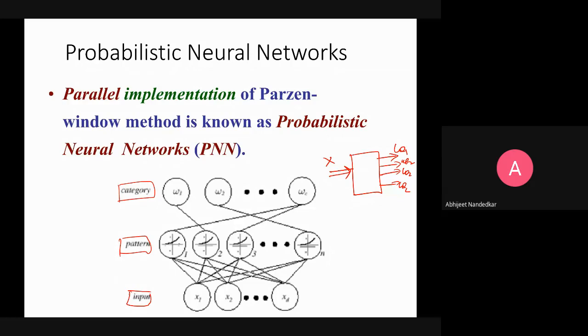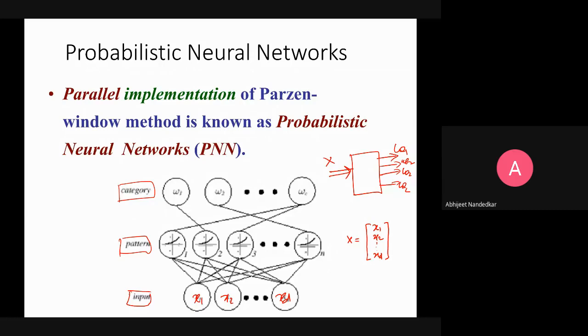At the input side, you can see there are nodes x1, x2 up to xd, where small d is the dimension of input. So if I write capital X, then this capital X consists of d values: x1, x2, x3 up to xd.